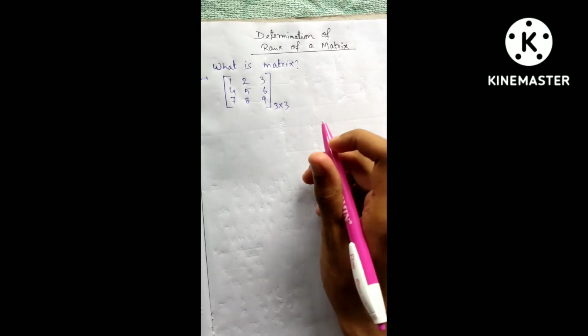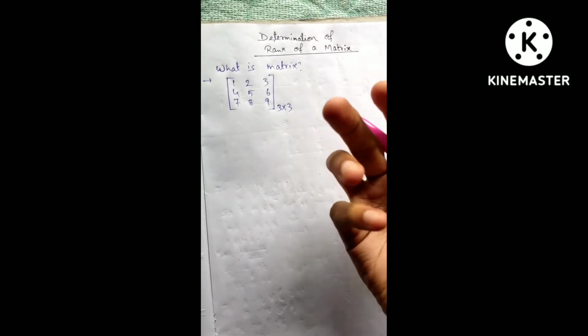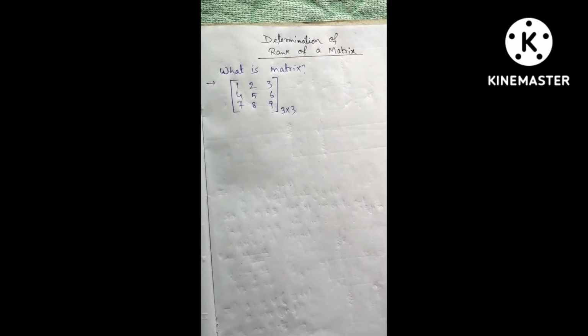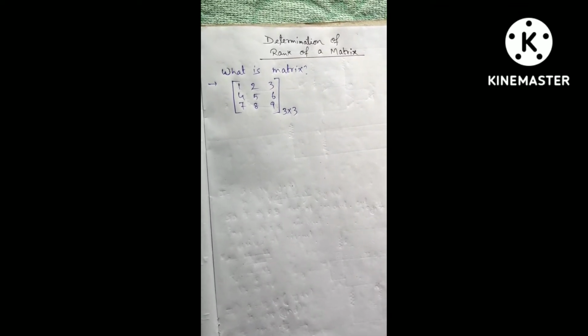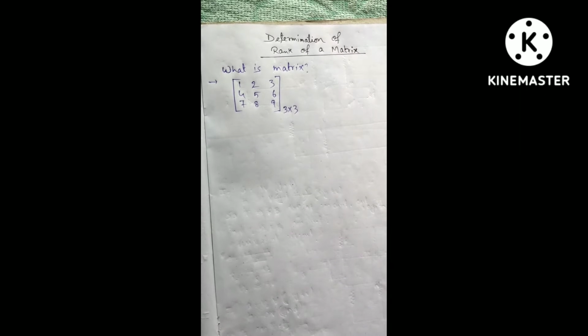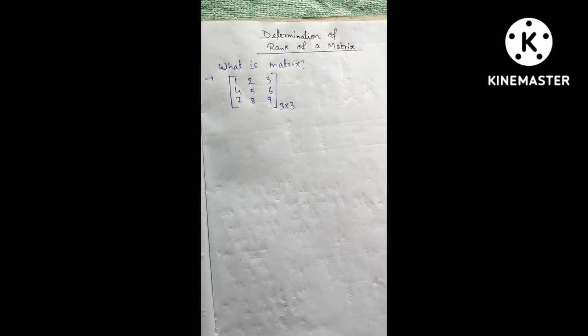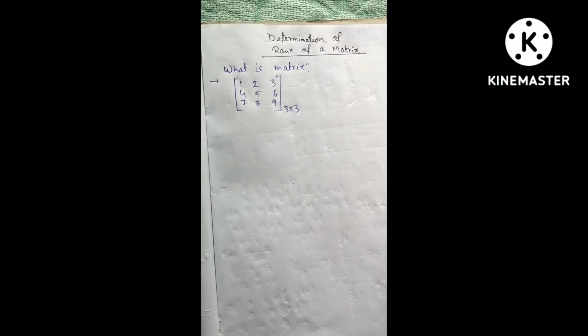Generally, the number of rows and the number of columns may not be the same, but fortunately they may be the same. So it does not matter.